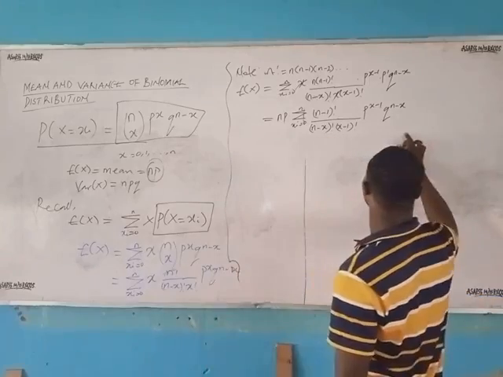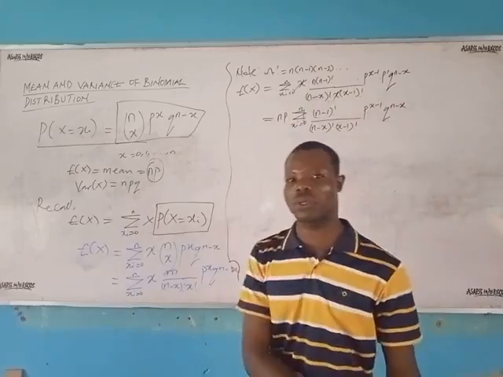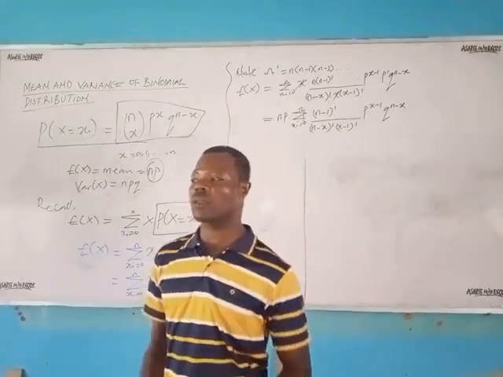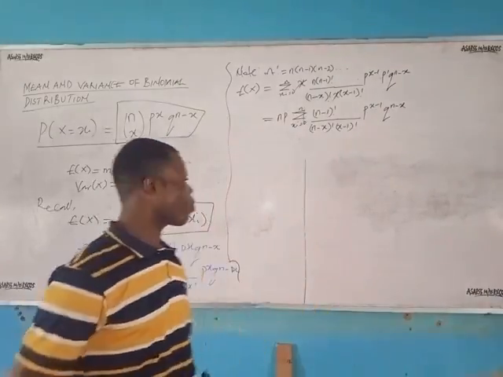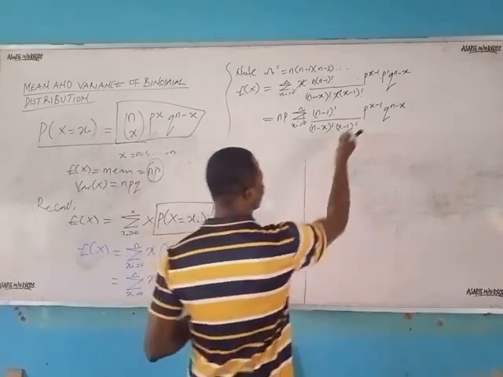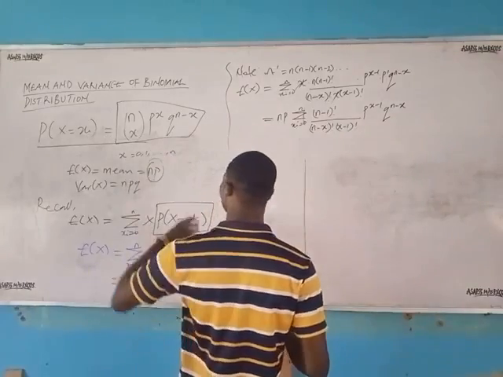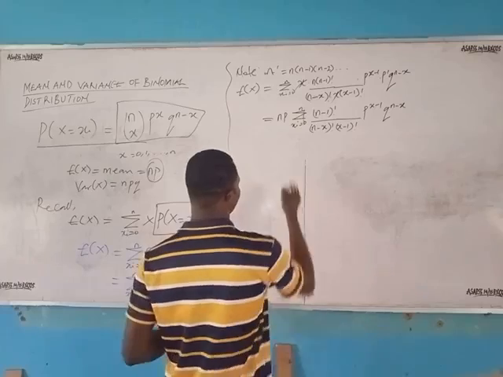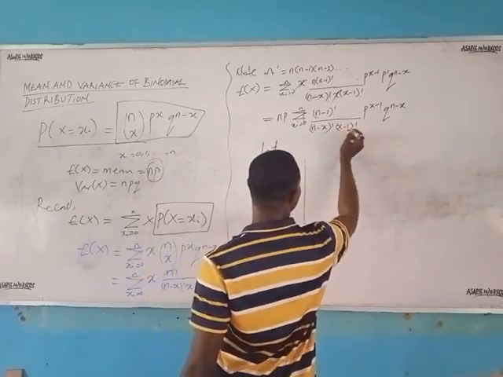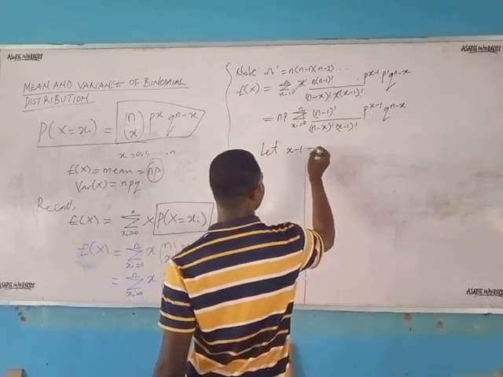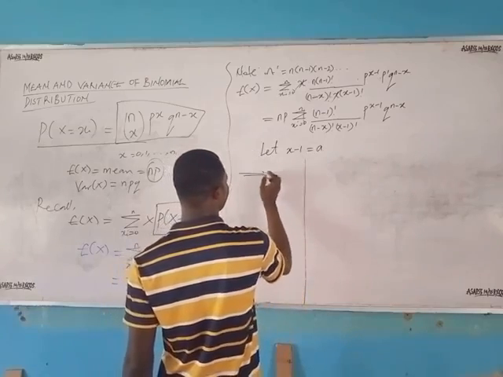So what are we going to do to all this? This is a distribution on its own, and the sum of any probability distribution must be equal to 1. To make it easier, we can also reduce this so that it will sound like a distribution. We can easily say let's take x minus 1 to be equal to a, so that we can have this easily.